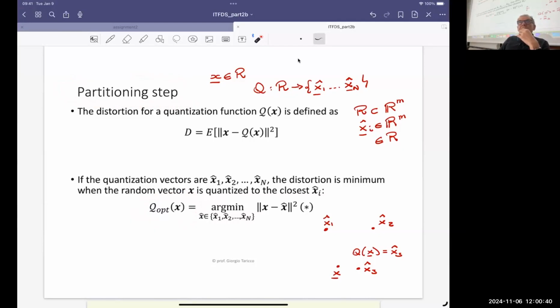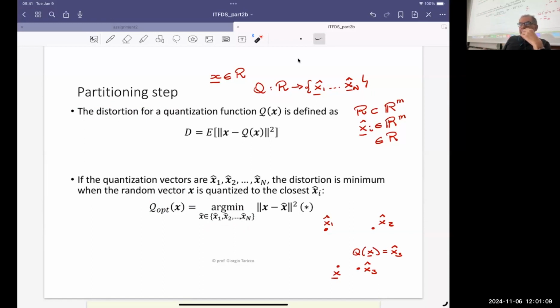In the one-dimensional case, you can see that we obtain the Voronoi regions from the quantization points. What are the Voronoi regions in the one-dimensional case? They are the intervals that correspond to the quantization points.